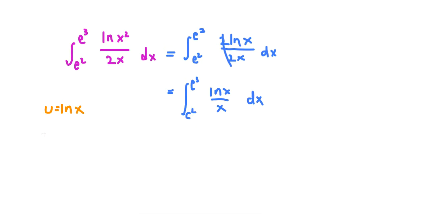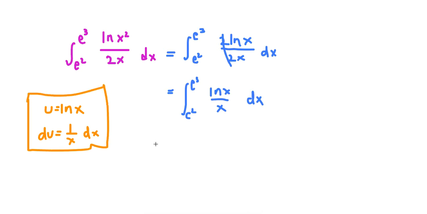So if we use u equals ln of x, du is going to be 1 over x dx. So that's just kind of our little sidebar there.